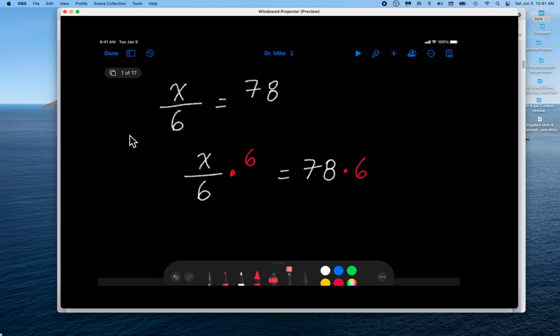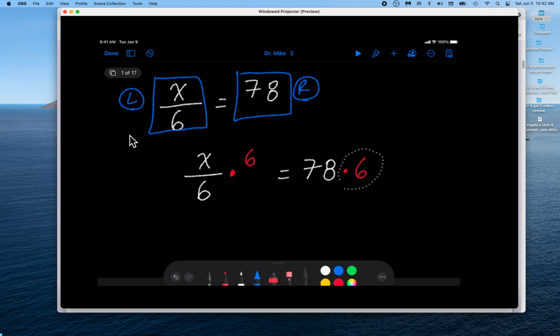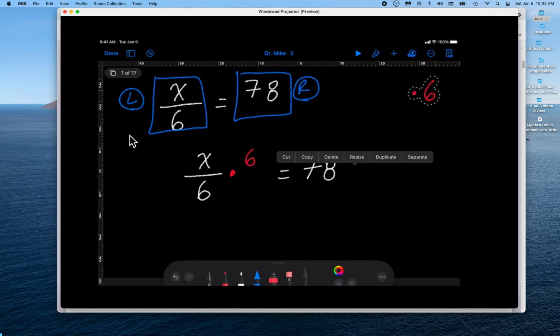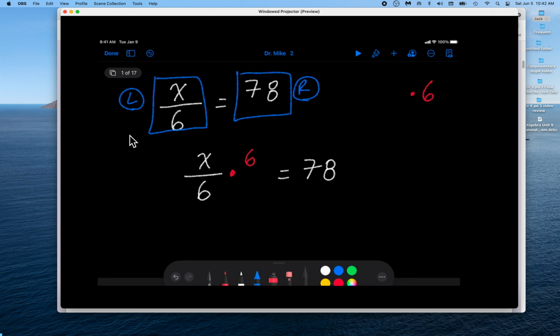When we started out at the beginning of this problem, we had two sides of an equation, a left side and a right side. I'm going to take away this multiply by 6 for a second and talk about what would happen if we didn't multiply the other side by 6.